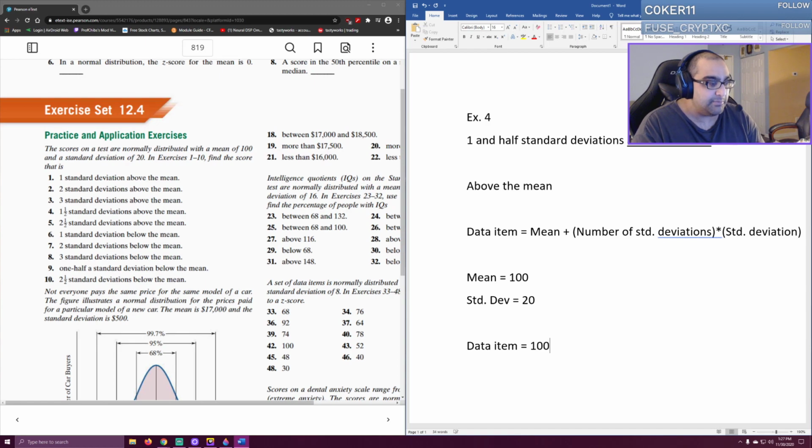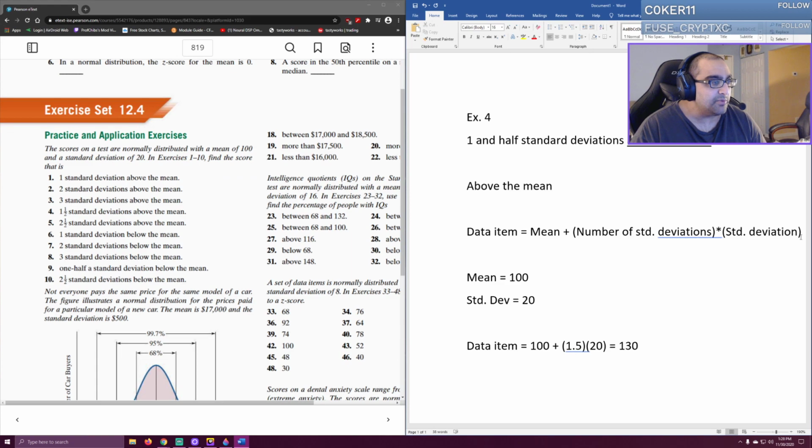I take my mean of 100 and add 1.5 multiplied by 20, the standard deviation. I do that all out and end up with a data item of 130. So 130 reflects 1.5 standard deviations above the mean.